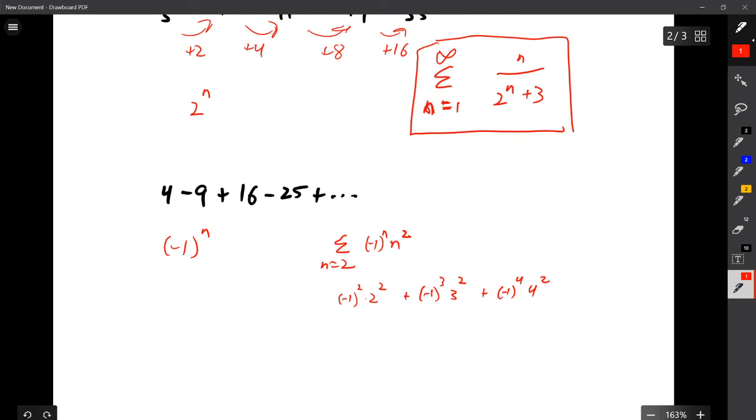And what would this become? The -1 squared is positive, so this becomes a positive 4. This becomes a -9. This becomes a positive 16, and that is matching. So it's doing that to infinity.